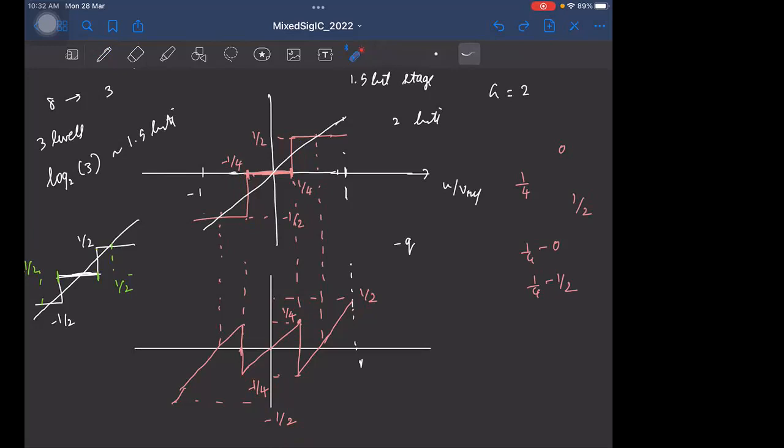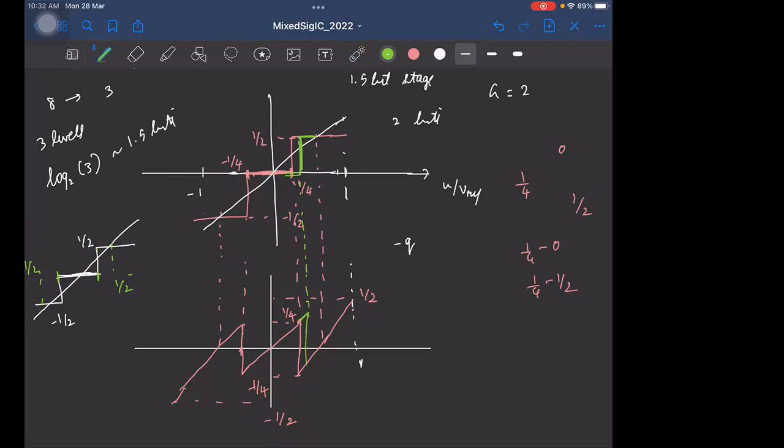So now let us say there is an error in the comparator decision levels. So let's say I'll consider only at this point. So now what will happen? The quantization error will also grow till this point. Fine. And then it will do something like this. Okay.